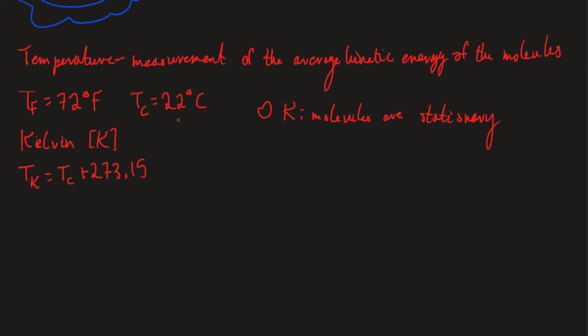Next, we'll look at the ideal gas law. So the ideal gas law is PV, or pressure times volume, is equal to nRT, which is number of moles times the universal gas constant times the temperature.